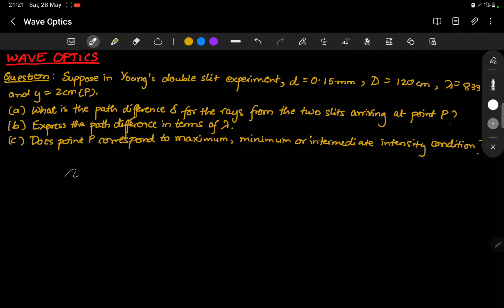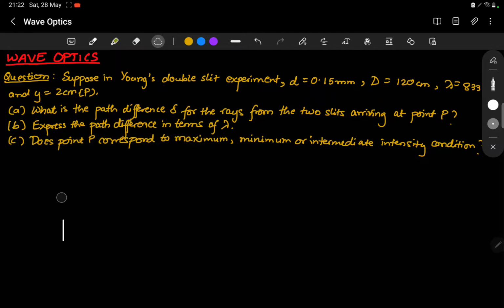So in Young's double slit, we will have two slits. I want to draw it as equally spaced as possible, but yes, the drawing is not to scale.